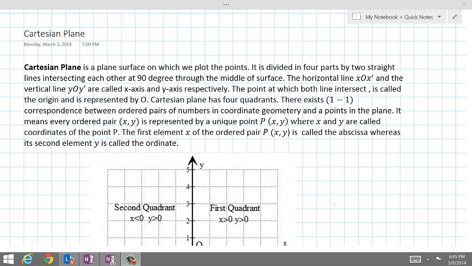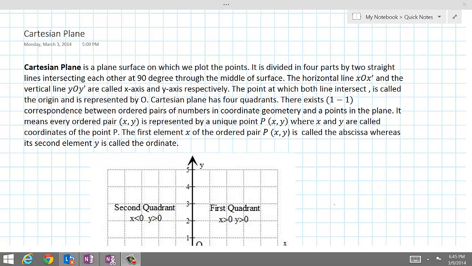The horizontal line XOX dash and the vertical line YOY dash are called x-axis and y-axis respectively.